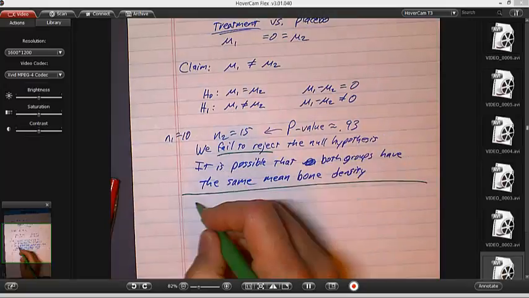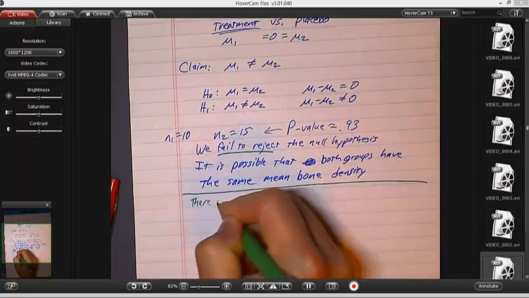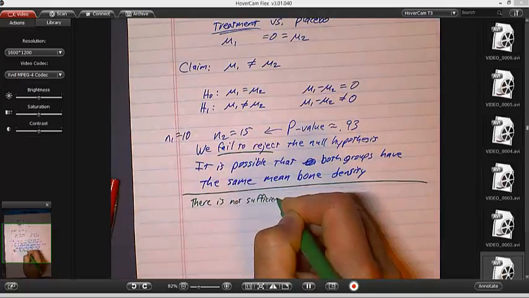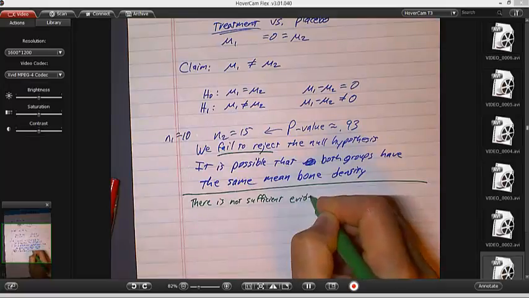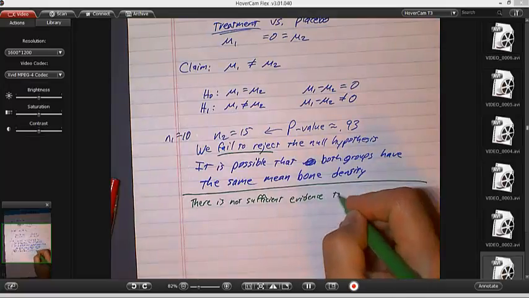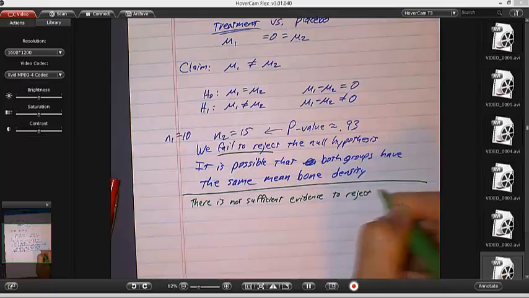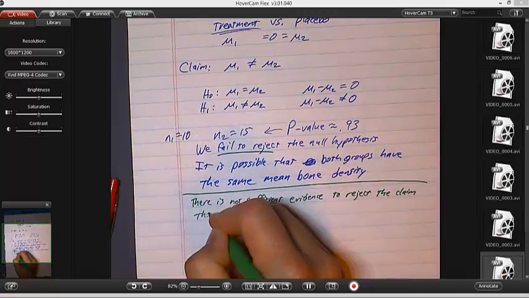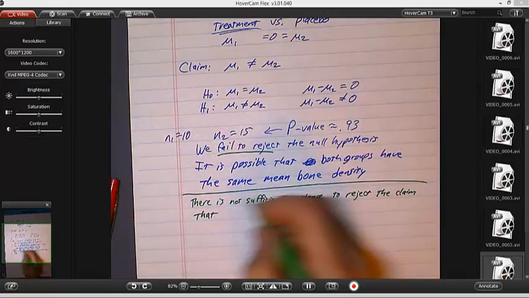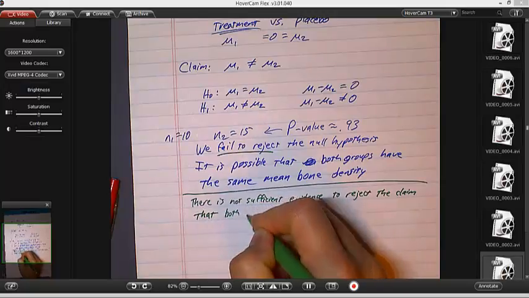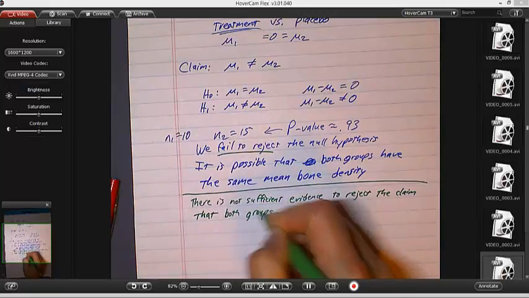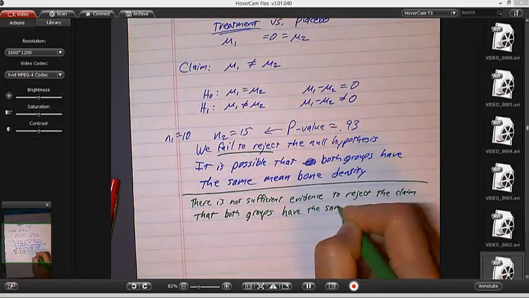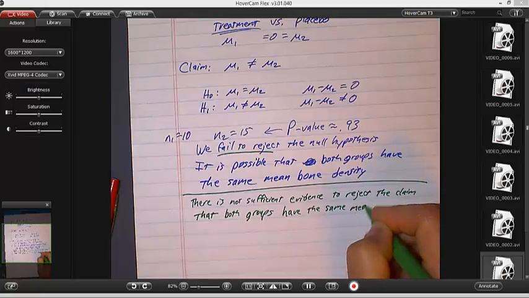And if you fail to reject, what I would say is there is not sufficient evidence to reject the claim that both groups, meaning the treatment group and the placebo group, have the same mean bone density.